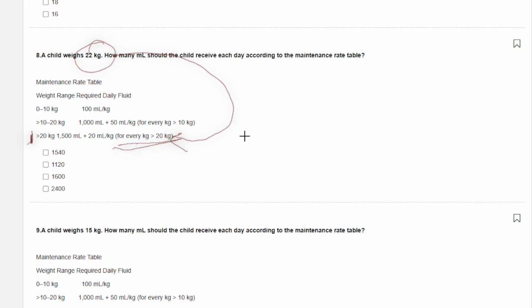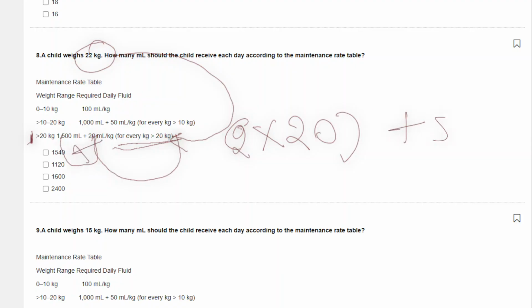Once you got 2, go ahead and multiply that by 20, then add that with 1,500. So now I got 40 plus 1,500 is 1,540. That right there is going to be the correct answer.